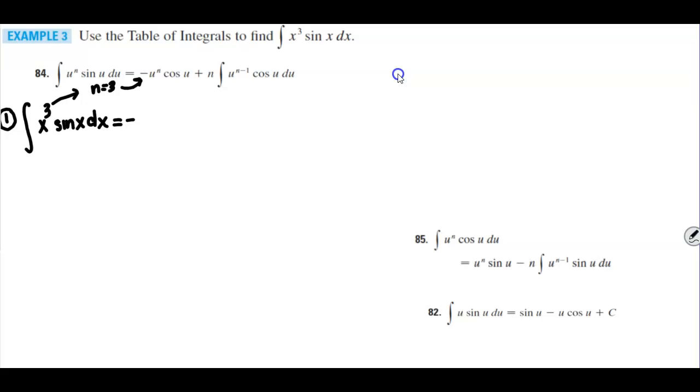So we're going to get negative, instead of u, it's going to be x cubed times the cosine of x, plus 3 times x to the 3 minus 1, which becomes x squared, cosine of x dx.